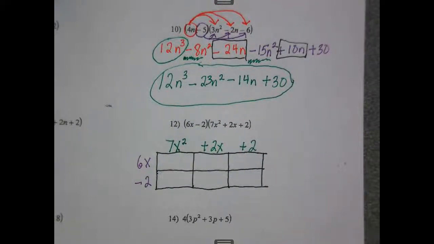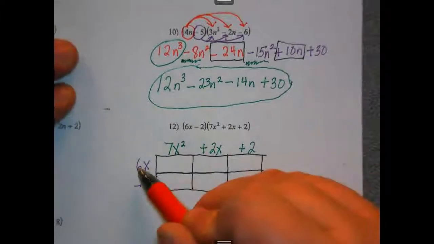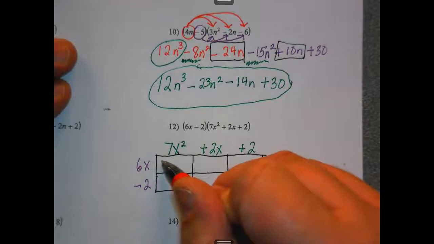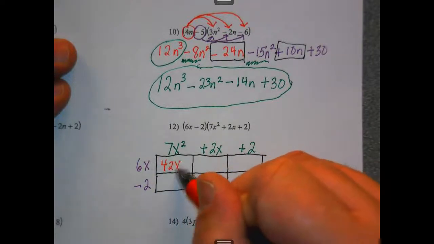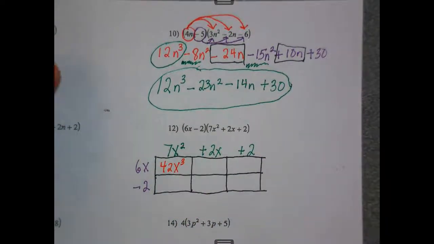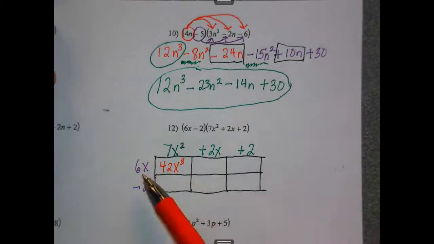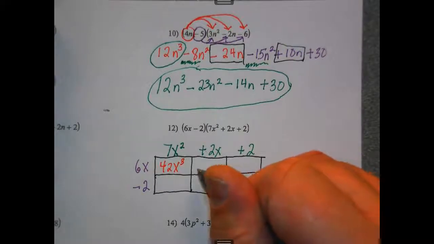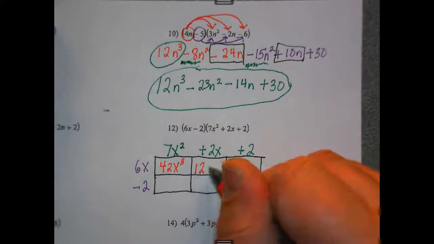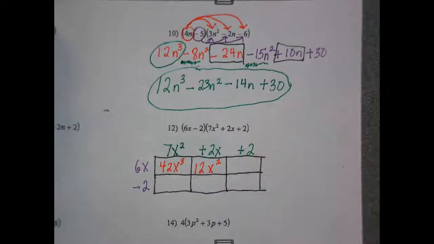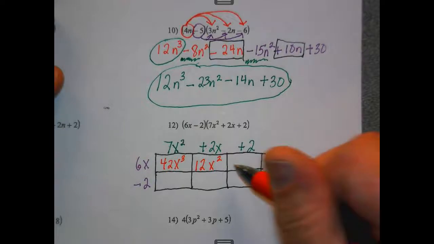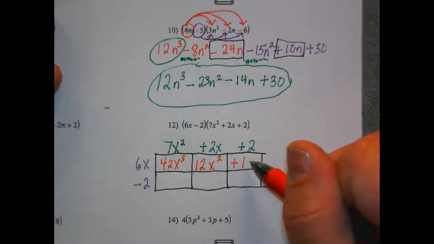All right, let's multiply. 6x times 7x squared is 42x cubed. 6x times 2x is 12x squared. 6x times 2 is plus 12x.